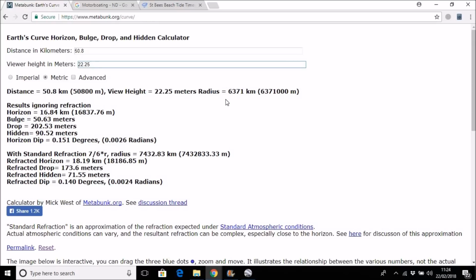Bear in mind also that this calculation is an approximation. It is based upon a perfectly spherical Earth with a radius of 6,371 kilometers. And the Earth is not a perfect sphere. It is not even a perfect ellipsoid or spheroid. It is a slightly irregular spheroid or geoid.